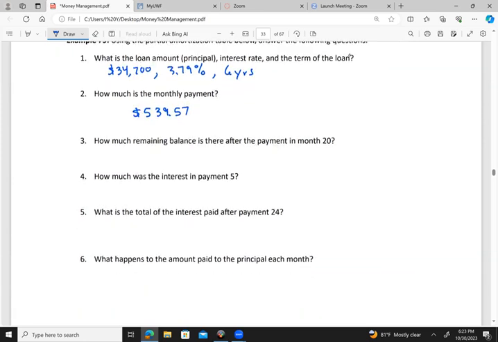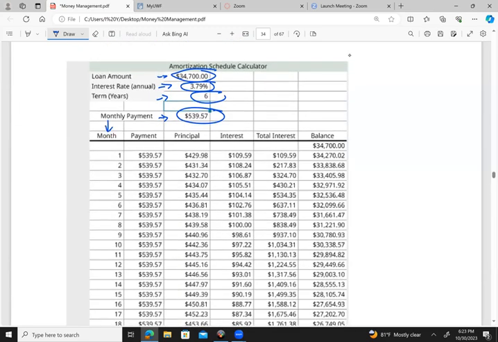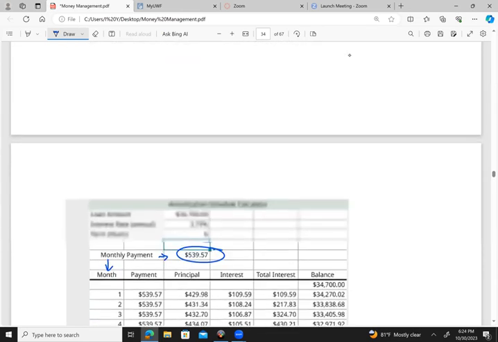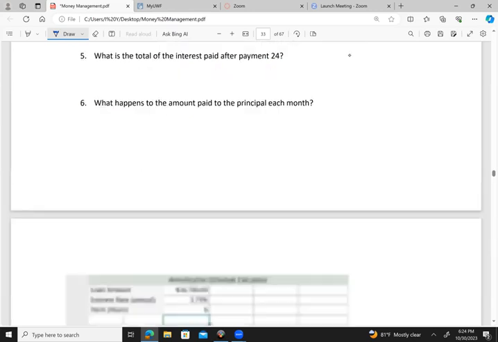How much remaining balance is there after the payment in month 20? So here's our months down here. We'll look for month 20 here. And what was it wanted again? Remaining balance.